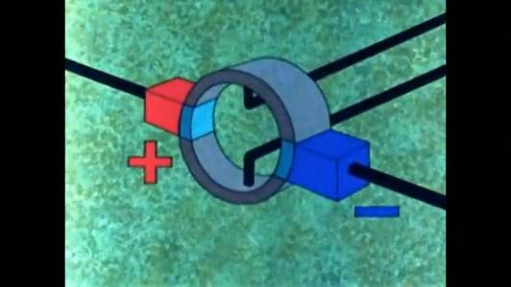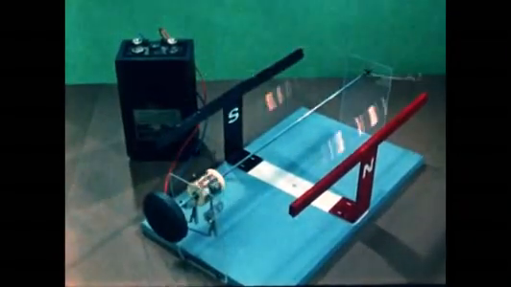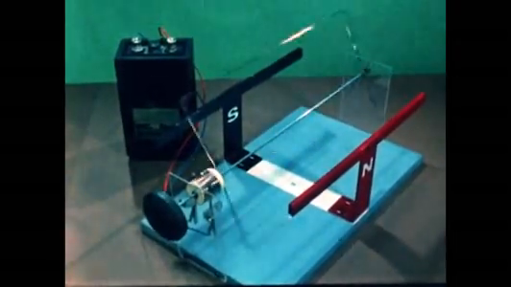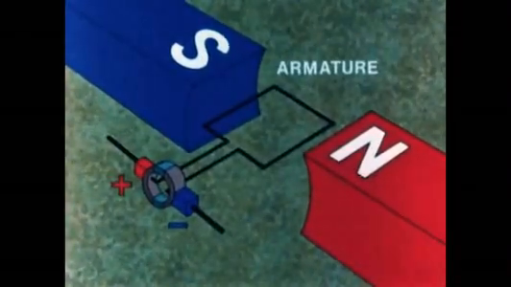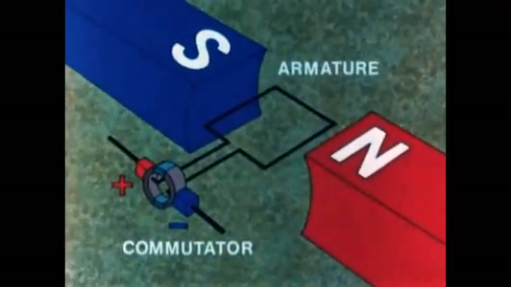Then when the loop rotates to this position and wants the upper wire to start moving down, the connections change over, and the current in the loop changes direction, keeping the rotation going. Here it is in practice, a DC motor comprising a single loop of wire revolving in a magnetic field. The loop of wire is called the armature, and the arrangement of split rings and brushes is called the commutator.